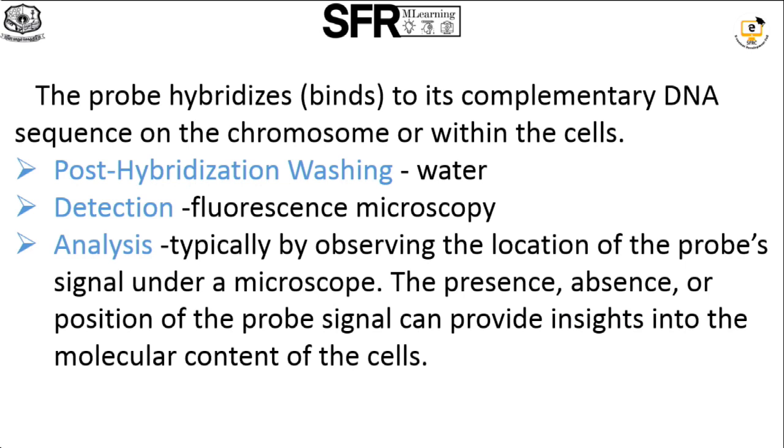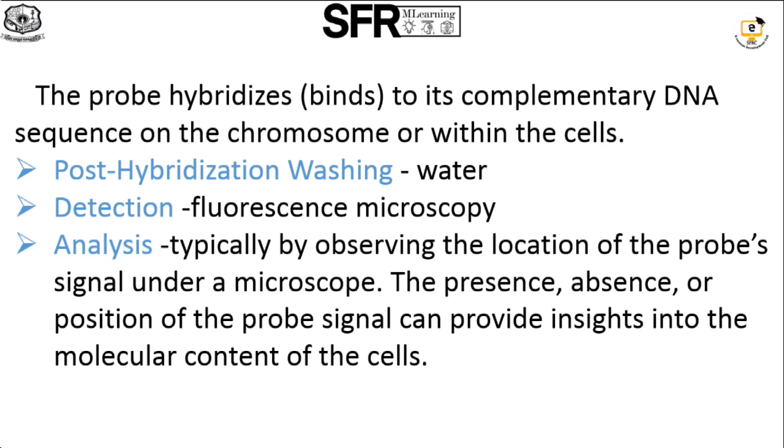After hybridization, we wash with water. The unhybridized probe should be washed out with the help of water. After that, we detect the labeled particles with the help of fluorescence microscopy techniques.